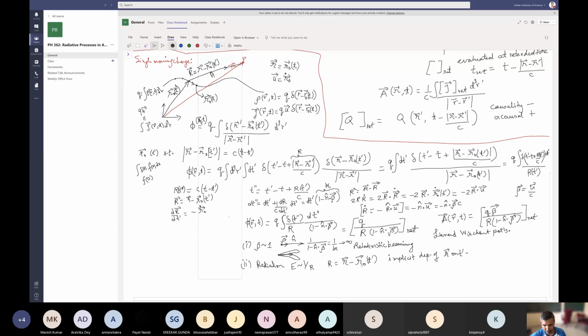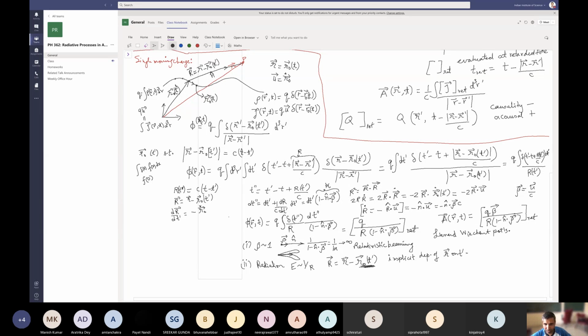It is this term which gives you radiation, because if it is not there, all you get is E going like 1/R squared as in electrostatics. But because t prime and t are not the same, when we take the gradient, we have to take a gradient such that R is fixed. Okay, so this gives you radiation.